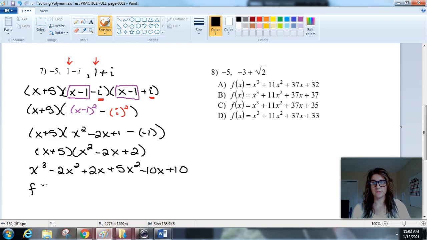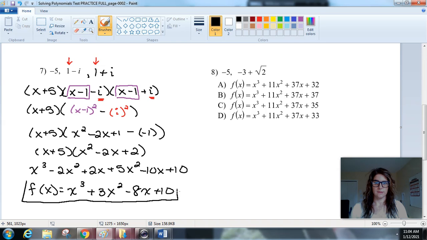Just watch your signs as you're doing all this. And we get x cubed, excuse me, minus 3x squared plus 8x minus 10. Okay, and obviously any ones that do not have multiple choice, you will have to show work for, so be prepared to do all of that.